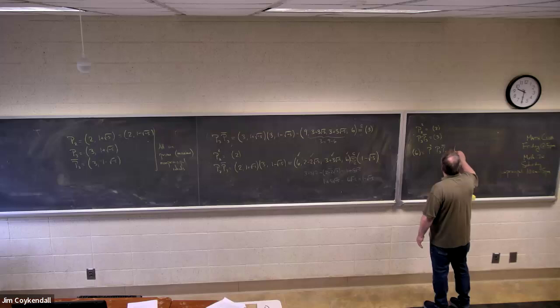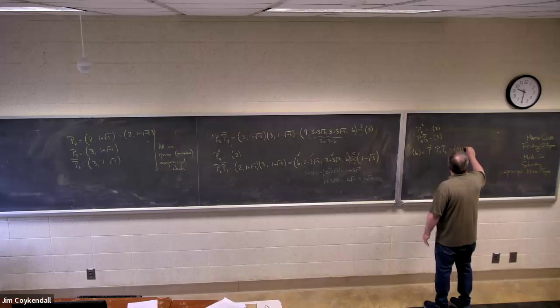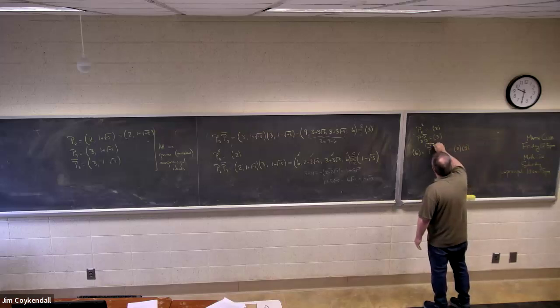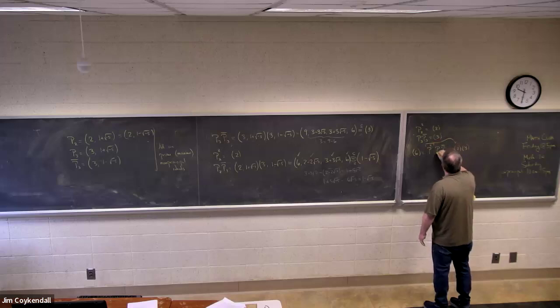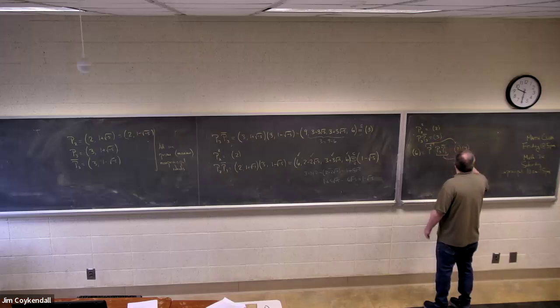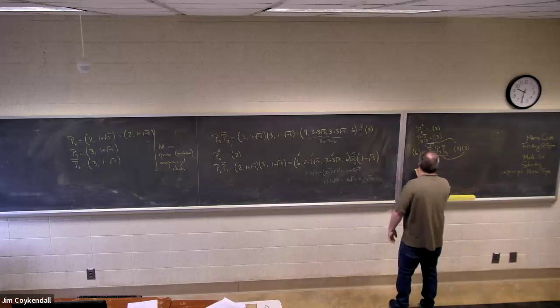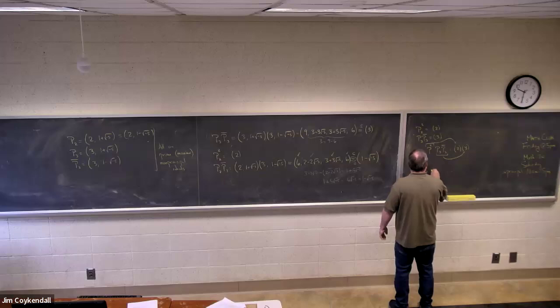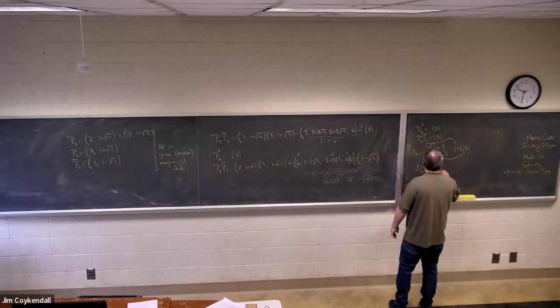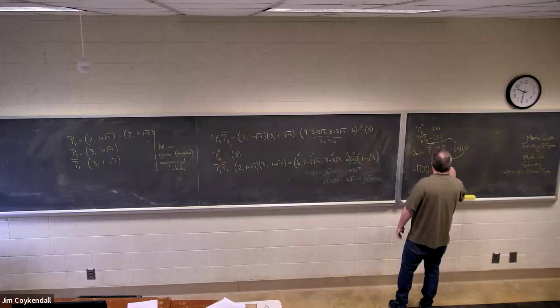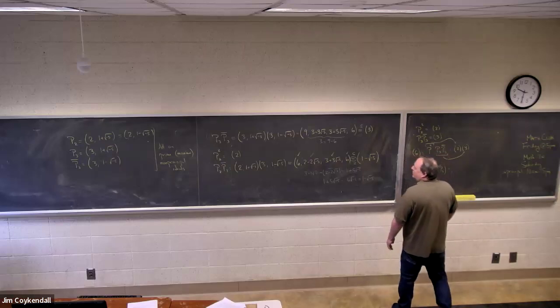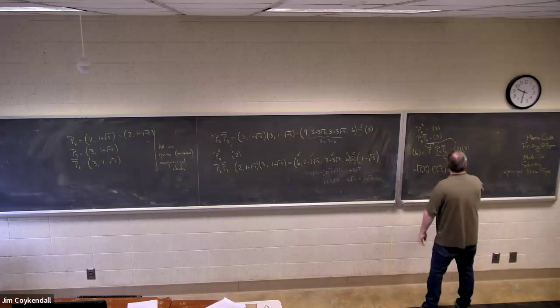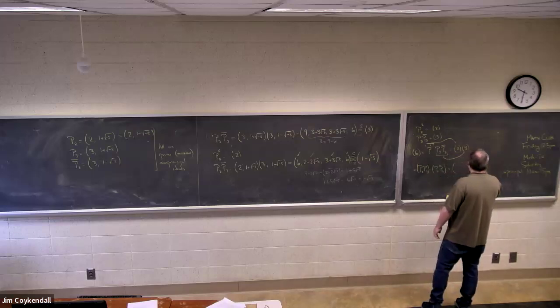You could also write it as this. This one is going to be the ideal generated by one minus radical negative five.